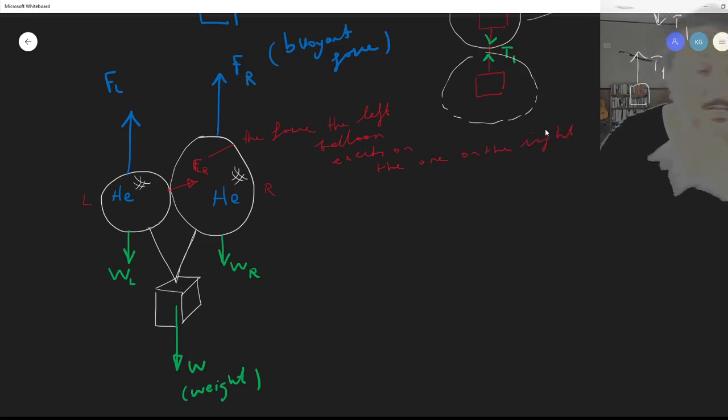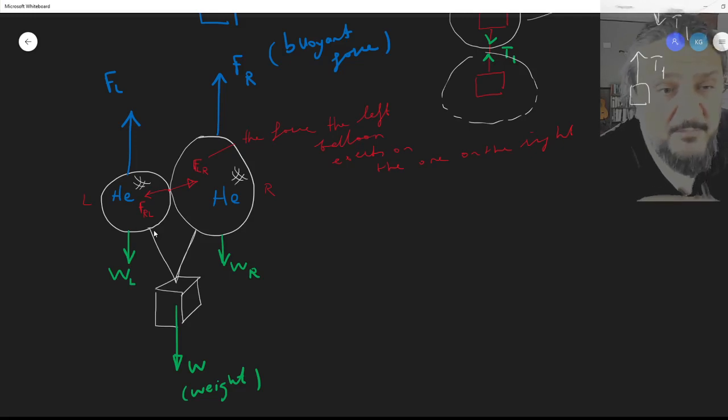But similarly, the balloon on the right is touching the balloon on the left. It has to push it the other way. Okay, so that is what I'm going to call FRL. Alright?